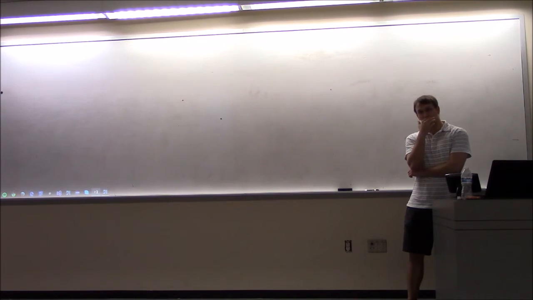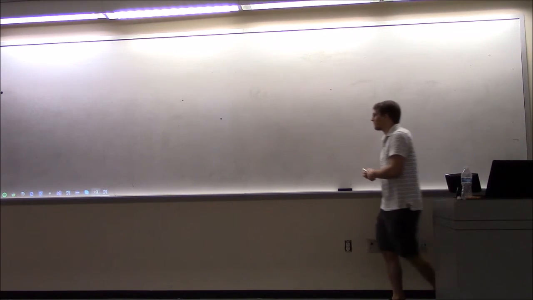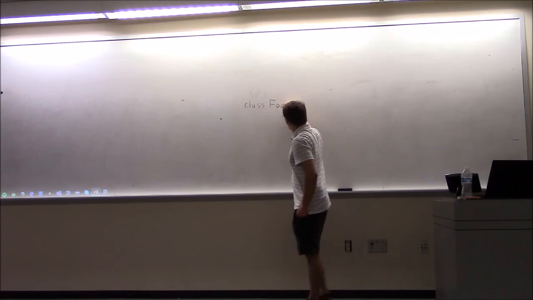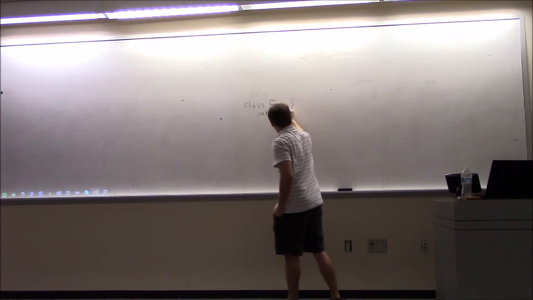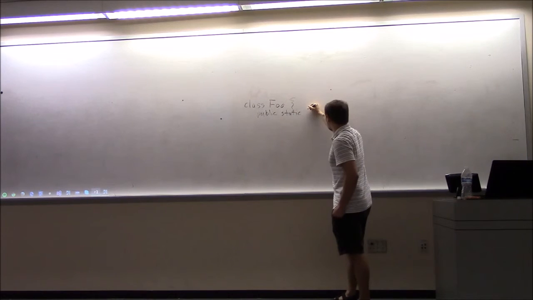And if it's a member function, then marking it as static means, so let's say you have class Foo, and you have public static bar.